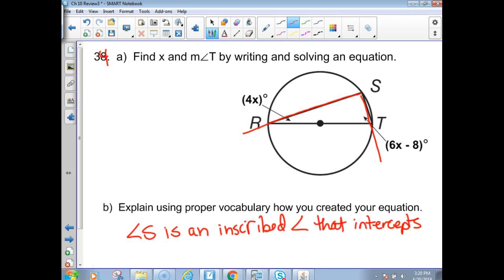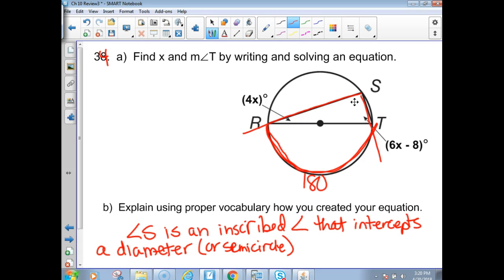It intercepts a diameter, which means it's going to be how big? You can say it intercepts a diameter or a semicircle. So how big is that angle? Guys, this is how much? That's a semicircle. That's 180.